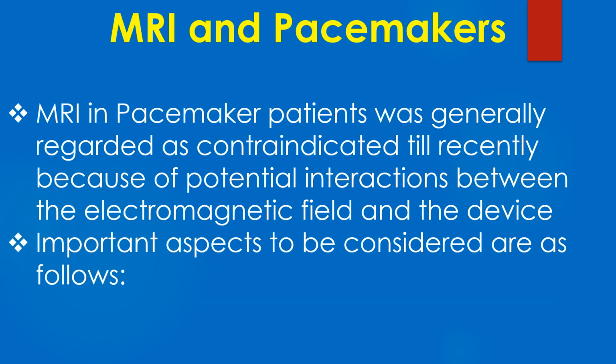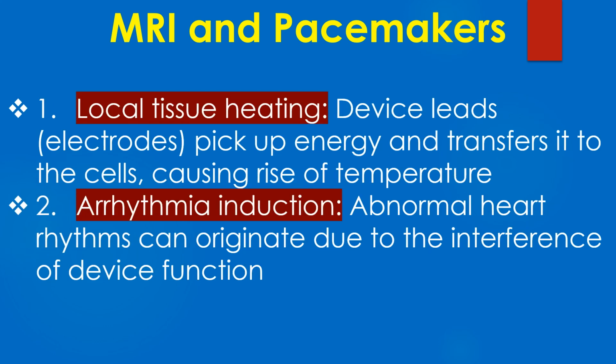MRI in pacemaker patients was generally regarded as contraindicated till recently because of potential interactions between the electromagnetic field and the device. Important aspects to be considered are as follows. 1. Local tissue heating. Device leads pick up energy and transfer it to the cells, causing rise of temperature. 2.